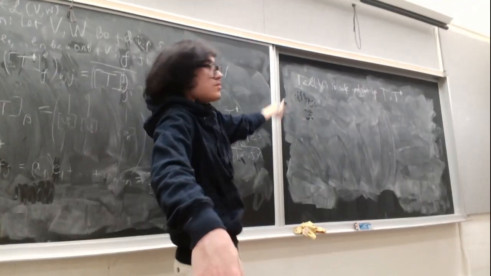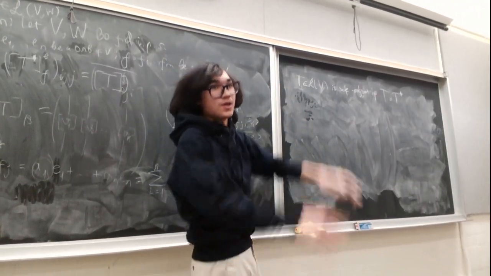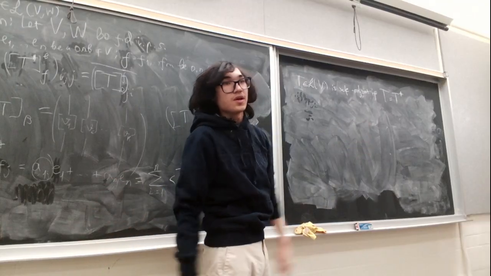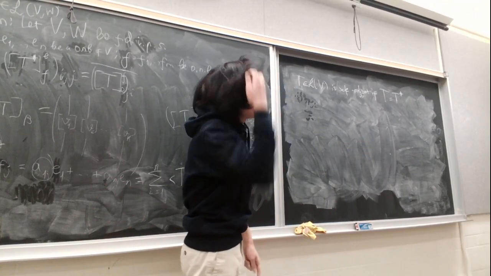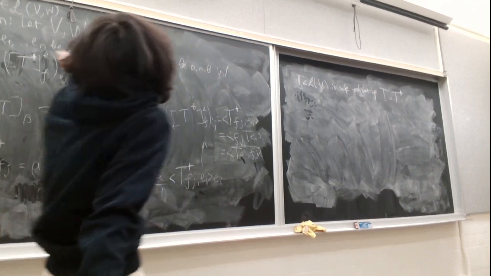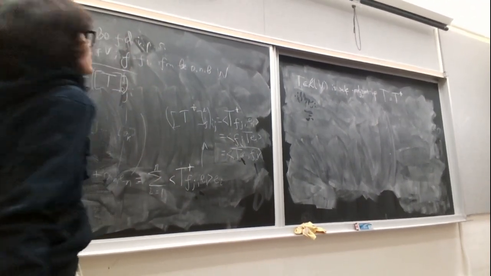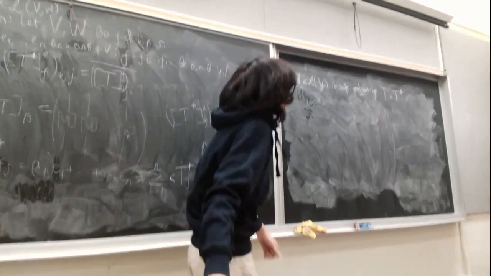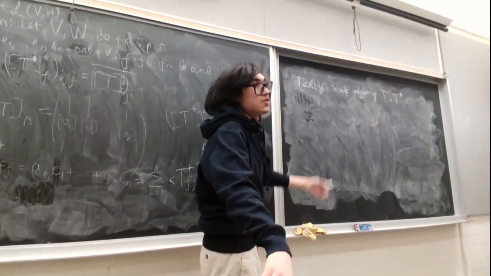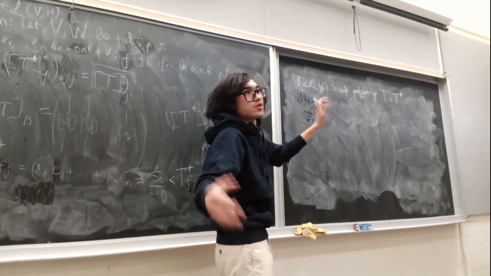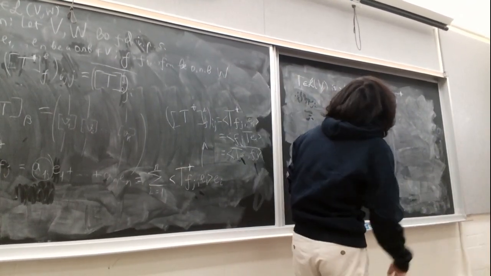So the matrix of T is equal to its conjugate transpose with respect to orthonormal bases. Since we're working in V, we can take these F's and these E's to be the same basis, because it's an operator. These kinds of matrices are called Hermitian matrices. We'll talk about them in 247.